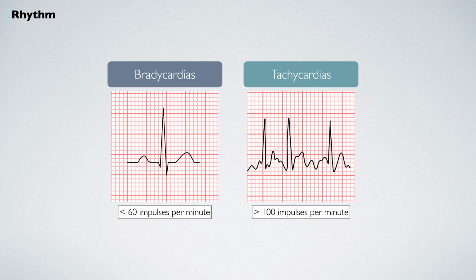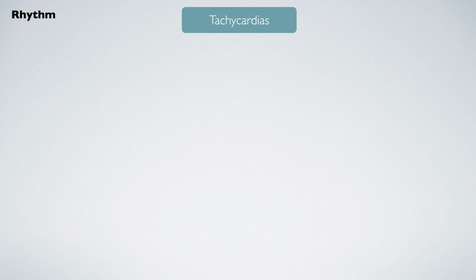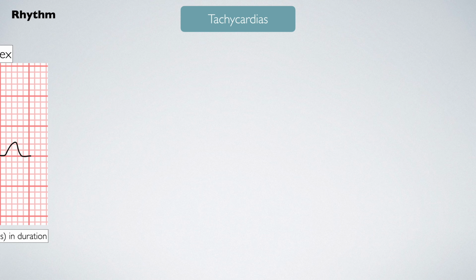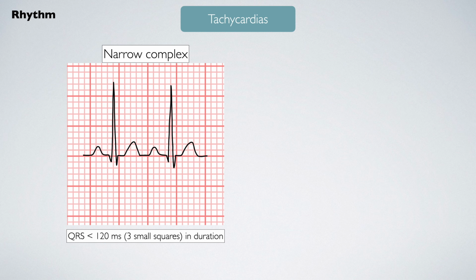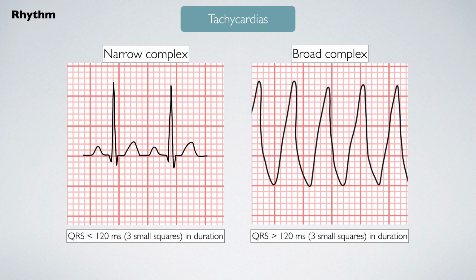Tachycardias can be further classified by the duration and shape of the QRS complex. If the QRS complex is less than 120 milliseconds, it is known as a narrow complex tachycardia. A tachycardia with a QRS complex greater than 120 milliseconds is called a broad complex tachycardia.